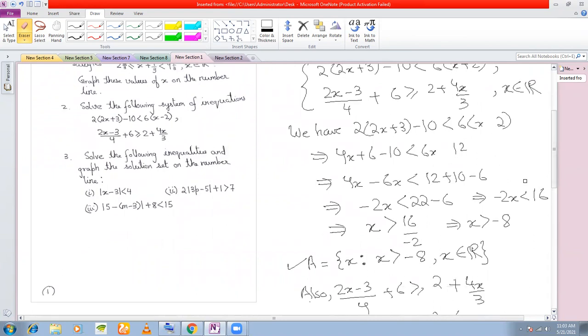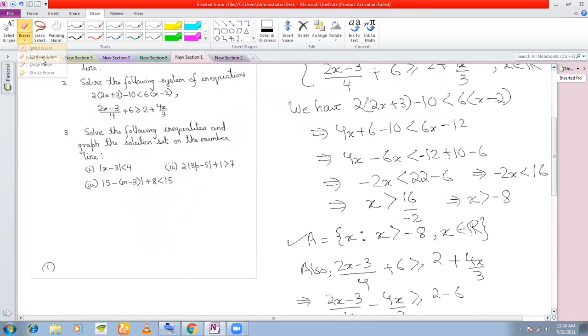This was a minus sign, 6x minus 12. So you have a minus 12 here. Minus 12 plus 10 minus 6. So this will be 10 minus 18. It's minus 8.